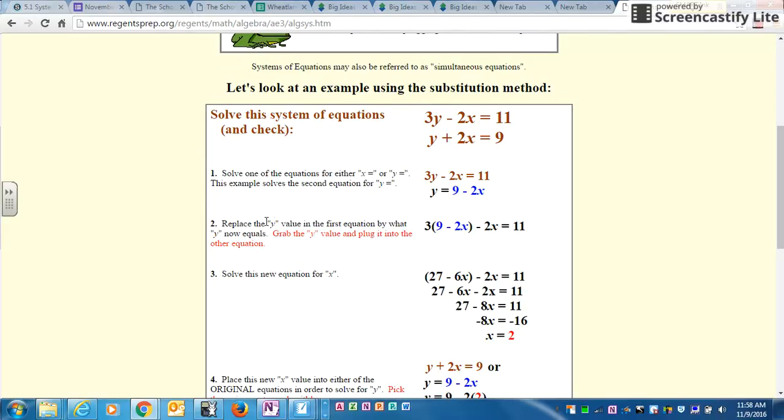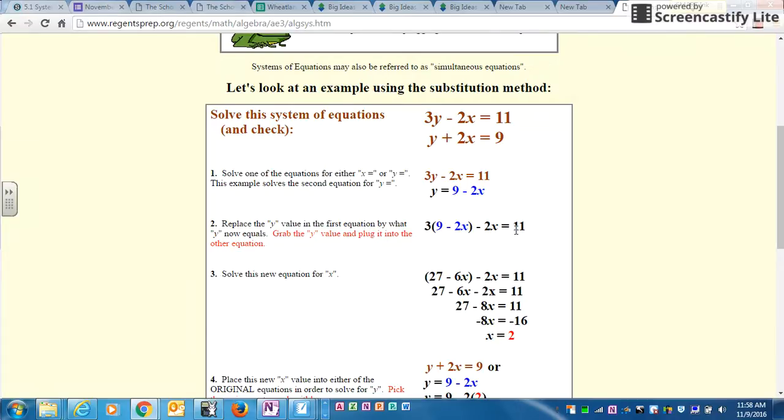So replace the y value in the first equation by what y now equals. So now we know that y is equal to 9 minus 2x. This is where the substituting comes in. We go to the other equation and we rewrite it 3y, but instead of writing y, we write 9 minus 2x because we know that y equals 9 minus 2x.